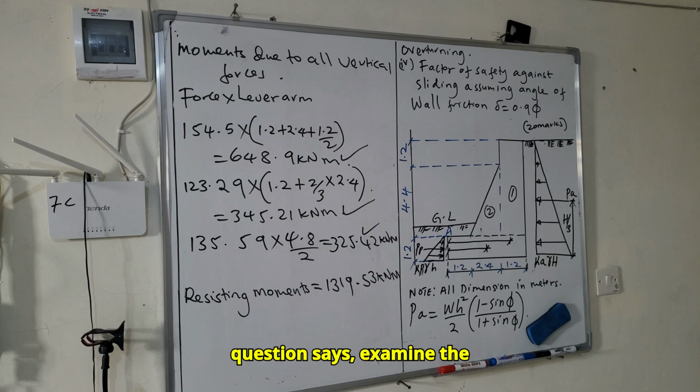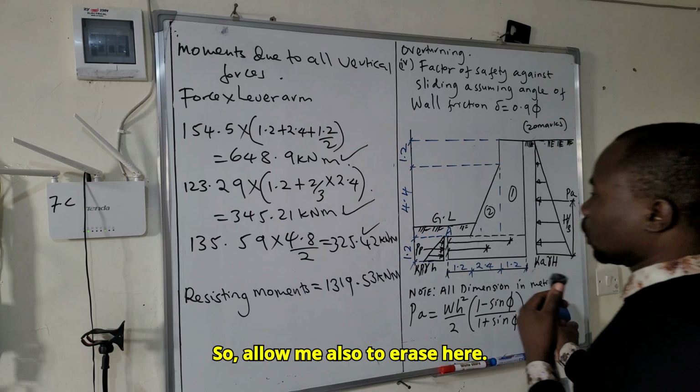The question says, examine the stability condition of the wall with regard to Roman 1, tension in the joints. So I will begin with tension in the joint.